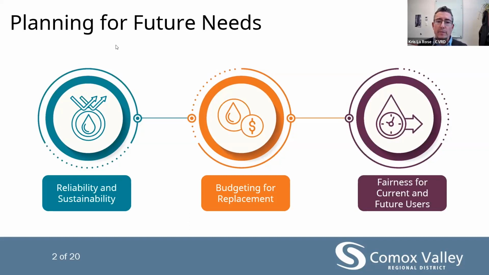If we don't save for the future replacements now, our ability to provide safe, affordable drinking water into the future will be challenged. Preparing now ensures fairness for users throughout the system's life cycle. So with all that in mind, through 2022 and 2023, we completed a comprehensive water rate review looking at the water systems of 4 services.